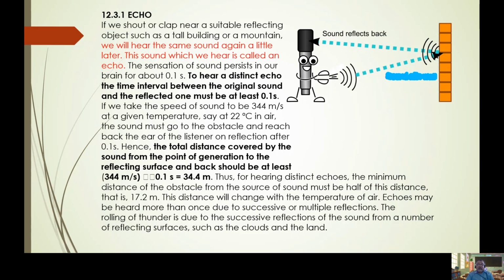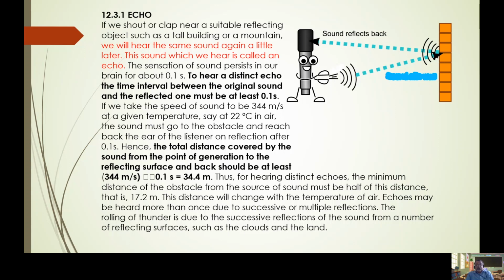Hence, the total distance covered by the sound from the point of generation to the reflecting surface and back should be at least 344 times 0.1, so that is 34.4 meters. Thus, to hear distinct echoes, the minimum distance of the object from the source should be half of this distance, that is 17.2 meters. This distance will change with the temperature of the air.